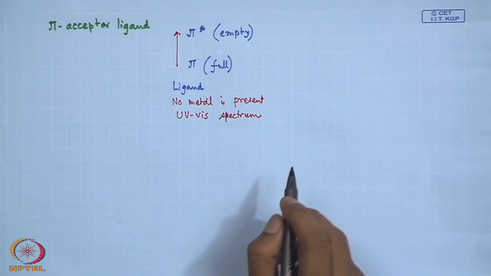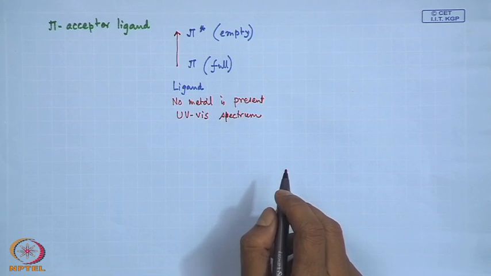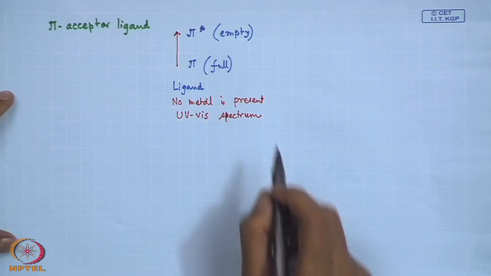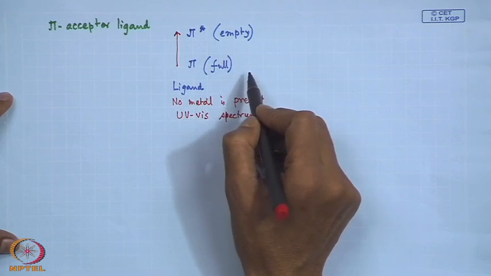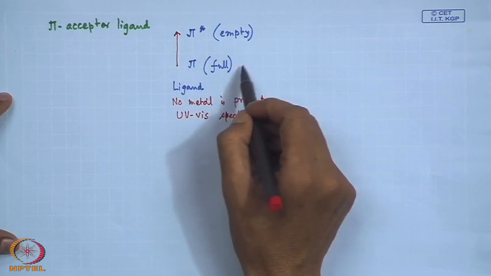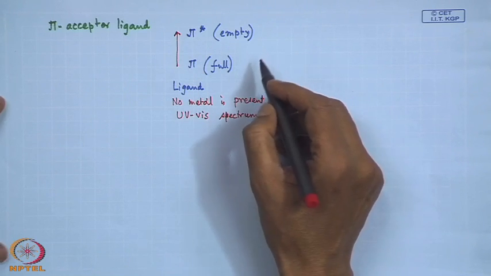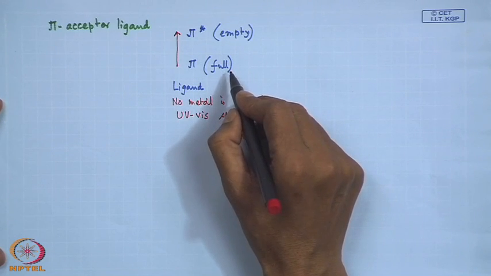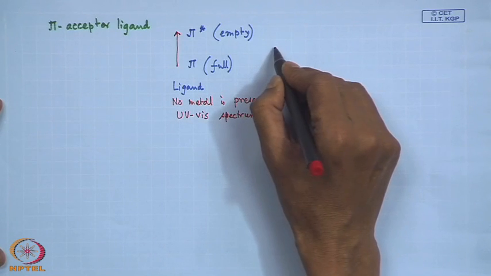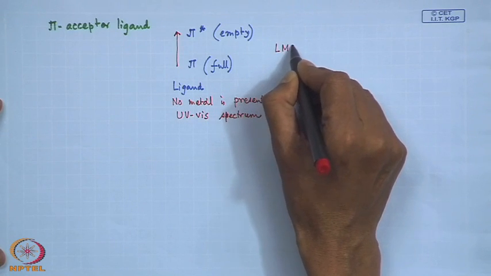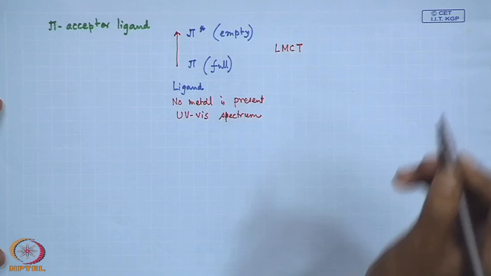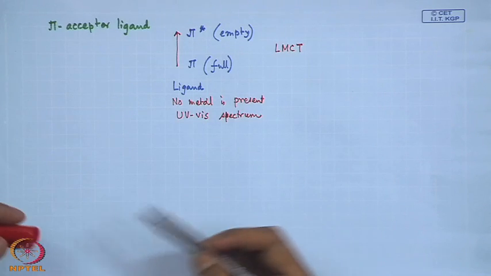But when the metal d orbital comes into the picture, the ligand can donate electron density during coordination, and we can see that the ligand to metal charge transfer transition can take place.